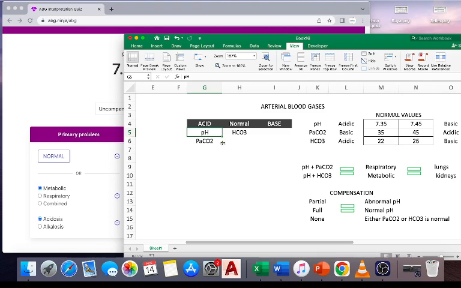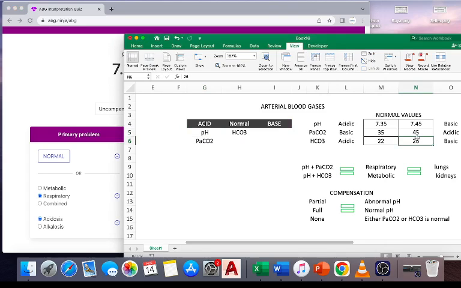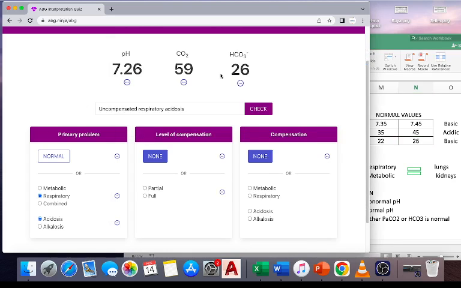And carbon dioxide, respiratory. Okay. Here, as mentioned, we would look at these two. Either of these must be within the normal limit. And we have here bicarbonate within normal, which is up to 26. The value is 26, which means there was no compensation done by the body.